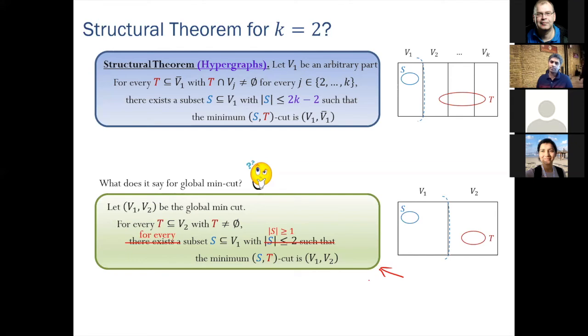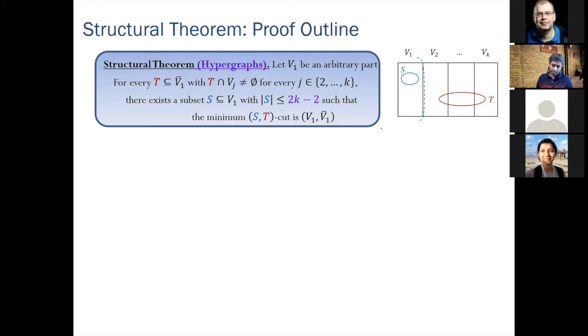So something stronger holds for global min cut. In some sense, our structural theorem is a generalization of what happens for global min cut. Okay, let me briefly sketch the proof outline. I won't get very technical, but I'll get somewhat technical.